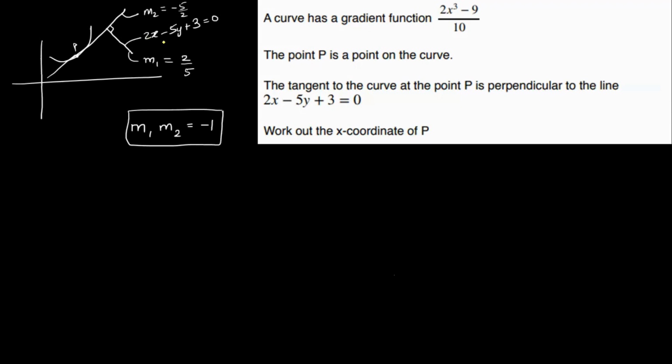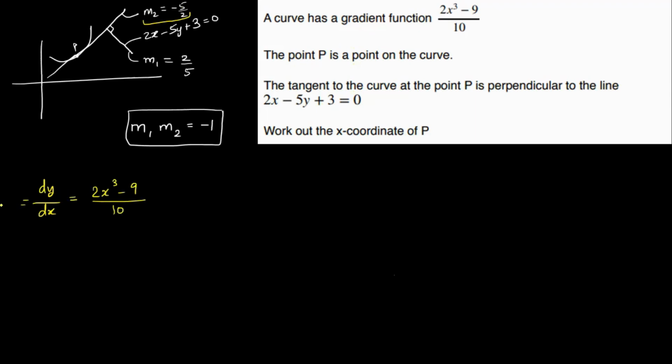Now let's understand how to find the x coordinate of P. We found the gradient of the tangent at P, which is minus 5 by 2. Now the gradient function, dy by dx, is already given, which is (2x cubed minus 9) divided by 10.